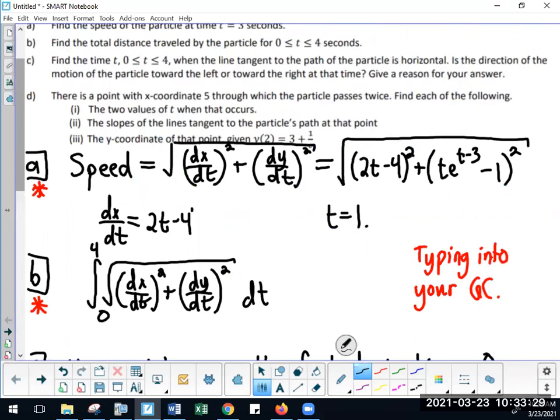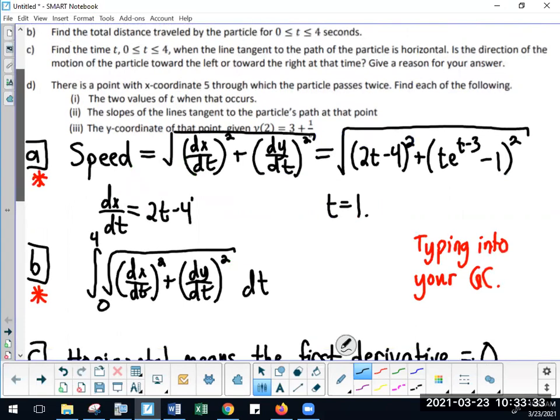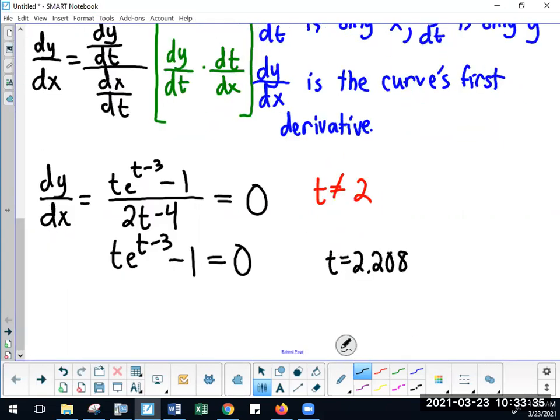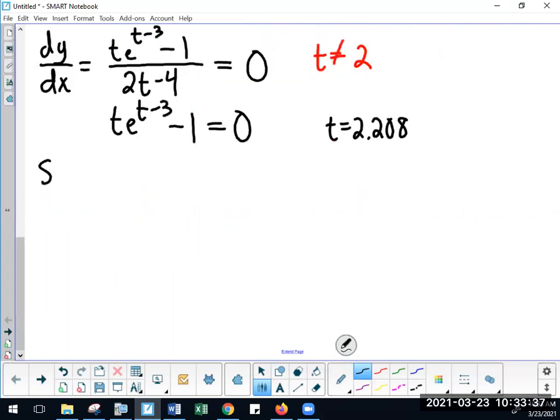Is the direction of the particle toward the left or the right at this time? Since dx dt has got to be greater than 0, right? Because if t equals 2, this is 0.